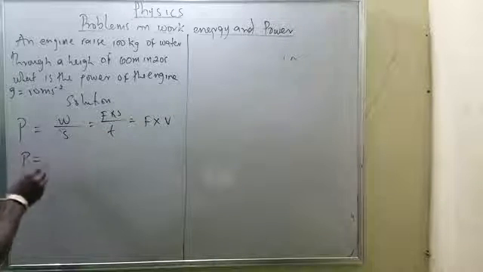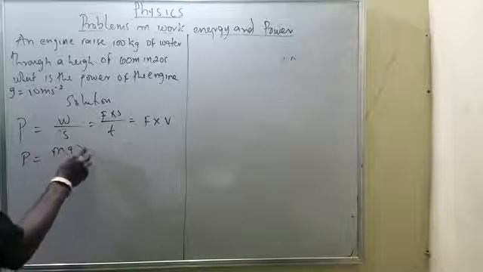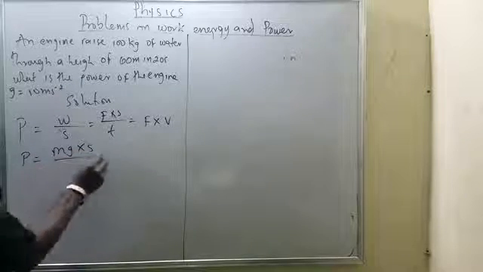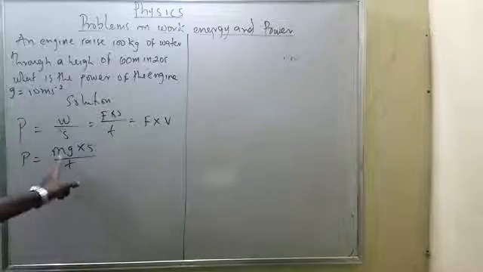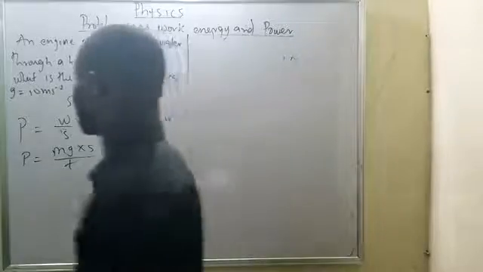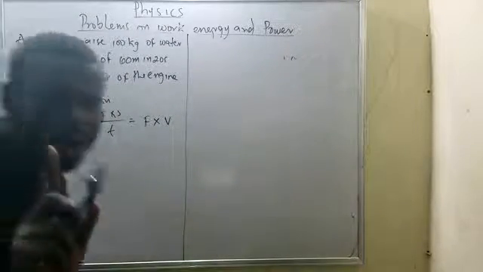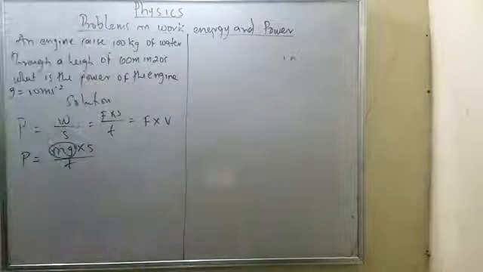My power can also be equals to mg multiplied by x all over t. Why am I using mg? Because G is the gravitational force there. Anyway, let's take note of that. It means here is called weight. Don't forget. Very, very important.